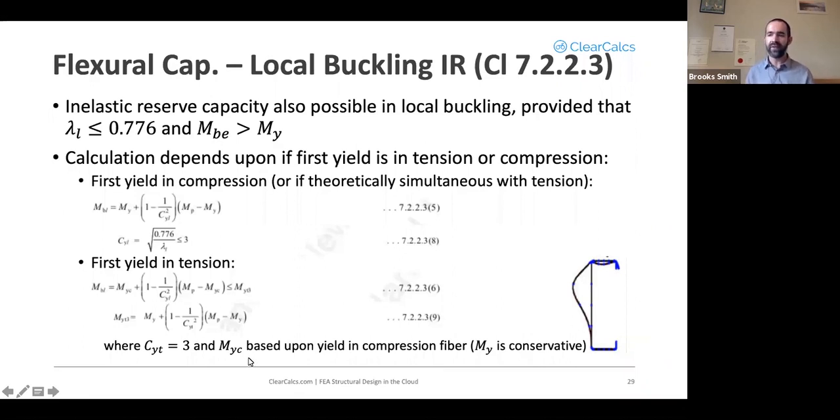If you have a symmetric section, that's going to be the same thing as M sub Y. But if you have a non-symmetric section, such as a C section bent about its weak axis, you might have the cross-section yield in tension before it yields in compression. And so M sub YC will be greater than M sub Y.